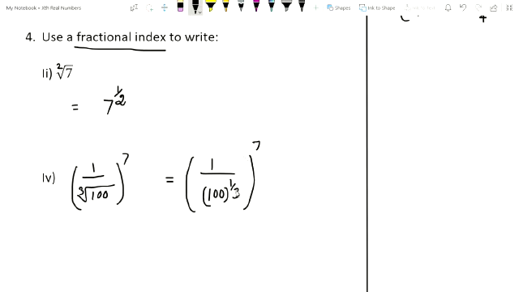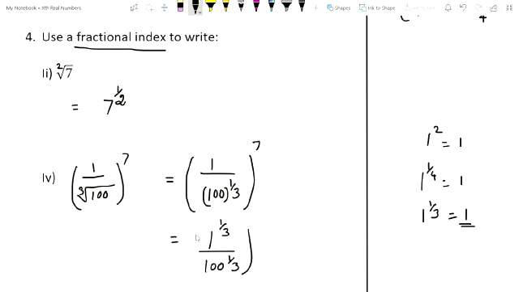In the denominator, we have the power 1 by 3, but in the numerator 1 is there. 1 power 2, what is the answer? 1. 1 power 1 by 4, what is the answer? 1. So 1 power 1 by 3, what is the answer? 1 only. If you put the power here, the value will not change. So that I am going to do, put the powers: 1 power 1 by 3 divided by 100 power 1 by 3, whole power 7.